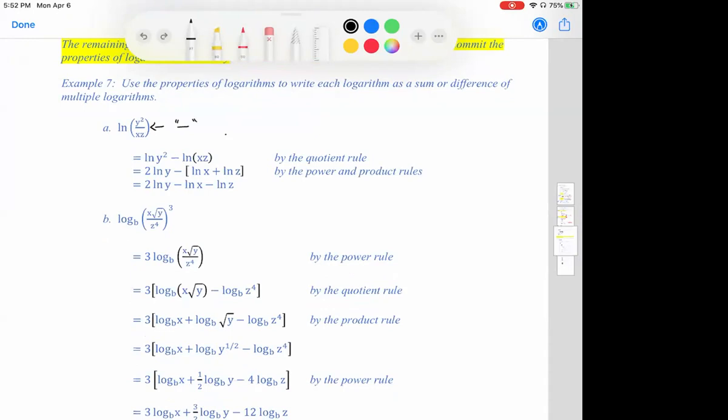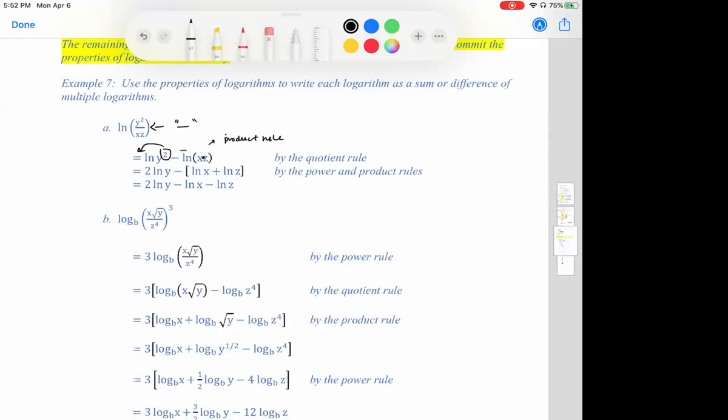We're almost done. I see I have an exponent, and I can move it to the front. So I have to use my power rule. And I see that x times z, they're being multiplied. So I know this will give me my product rule. Meaning, if they're being multiplied, I can write it with 2 logs with a plus in between. So if I write this, I have 2 times ln of y minus.